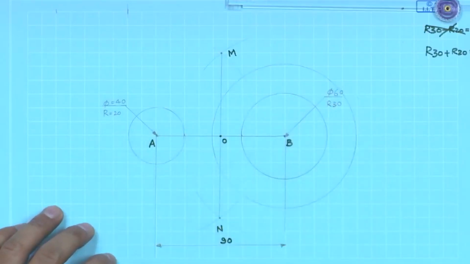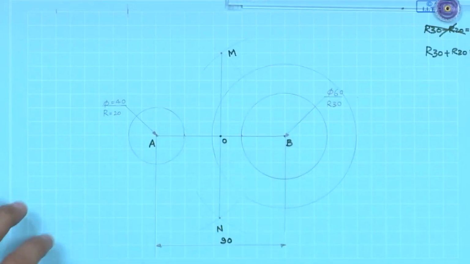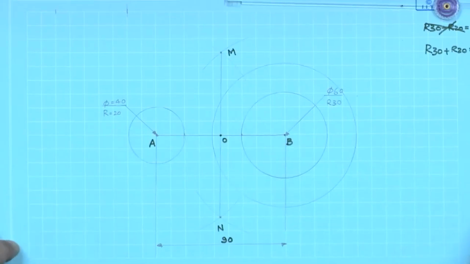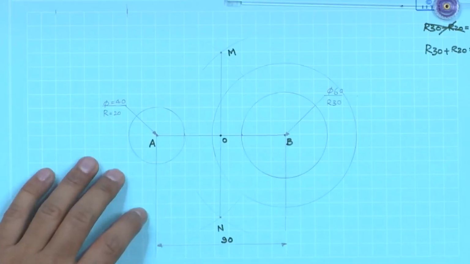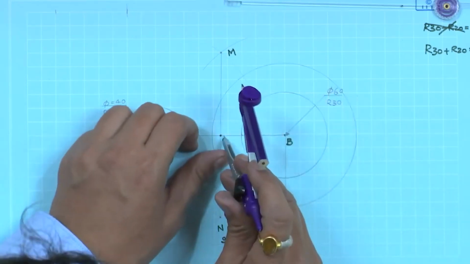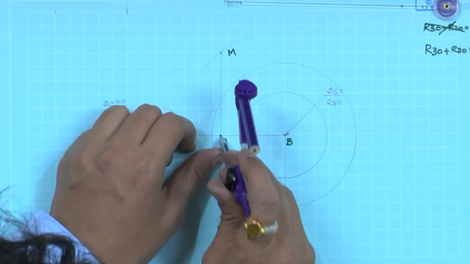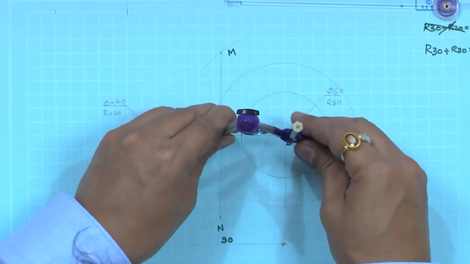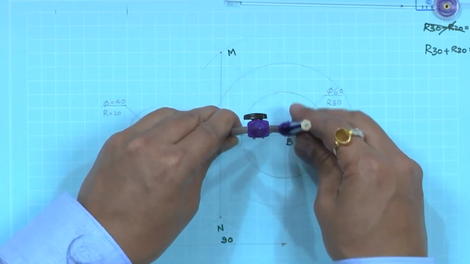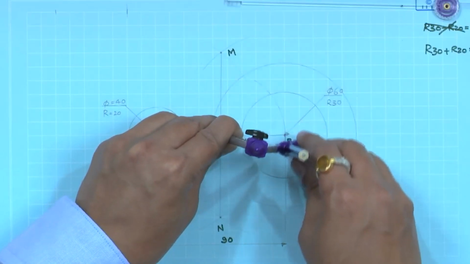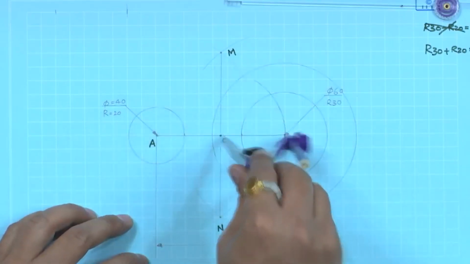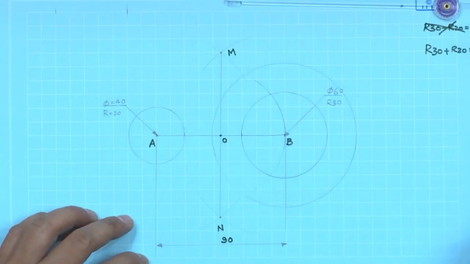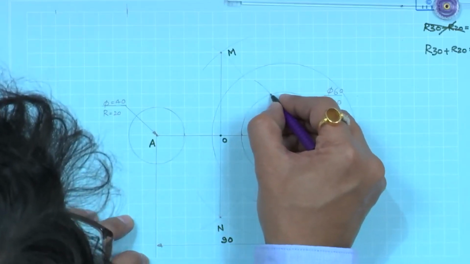So, after drawing that bigger circle, let us take a circle of radius B, which is going to intersect the smaller one at this point.